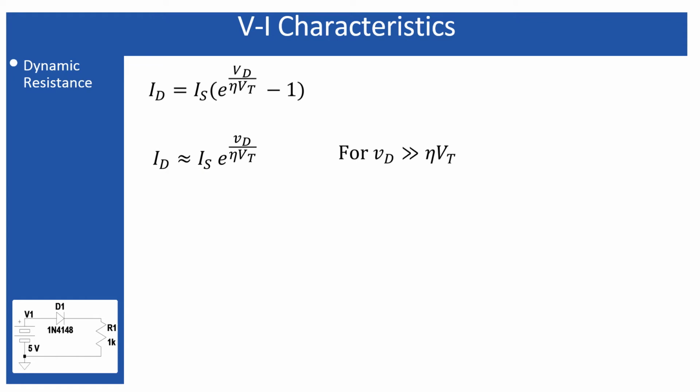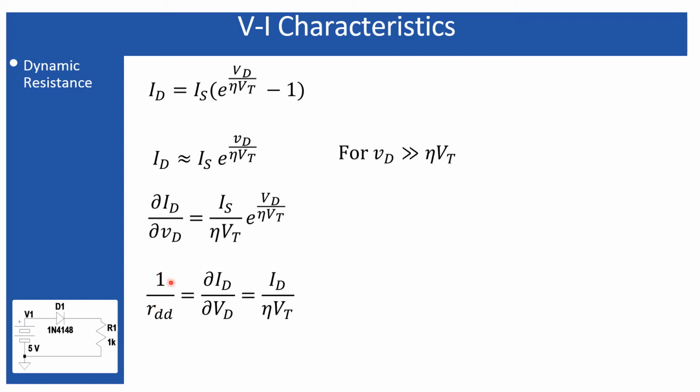Next, if I differentiate this ID with respect to this diode voltage, that will extract only 1 by eta times Vt out from this exponential, and finally this 1 by Rd, which is the ratio of differential Id to differential Vd, will take the form of Id divided by eta times the Vt.